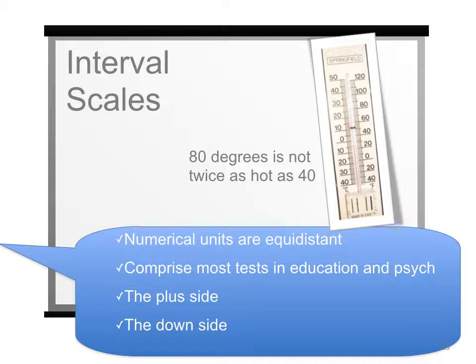Without that true zero, you can't base it that way, but you can look at the numerical units as being equidistant. And most tests in education and psychology fit an interval scale. So there's good things about this, bad things about this. As we go on, you see various examples. You can call those out.